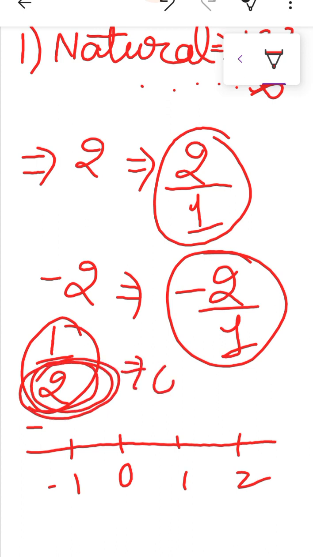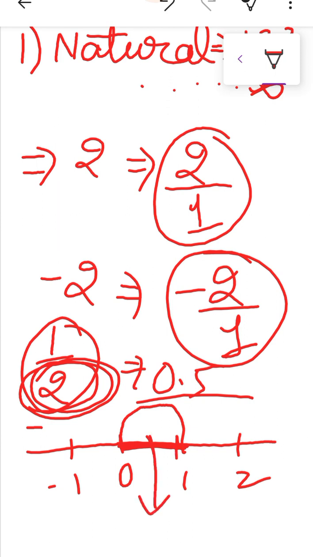And 1 by 2 is approximately 0.5, which means it is greater than 0 but less than 1. So we have to divide this line into equal parts. So 1 by 2 will be represented here.